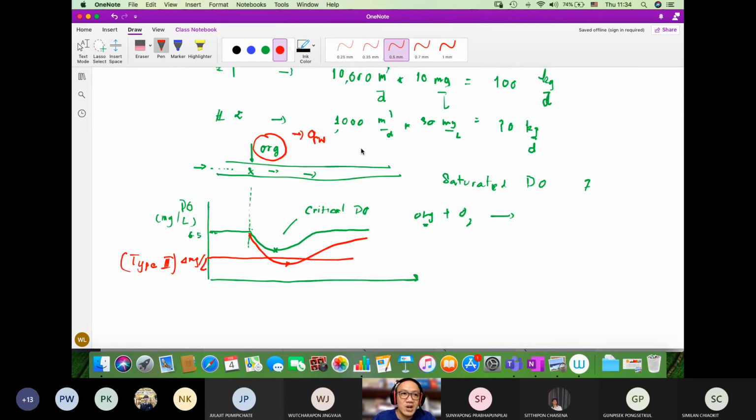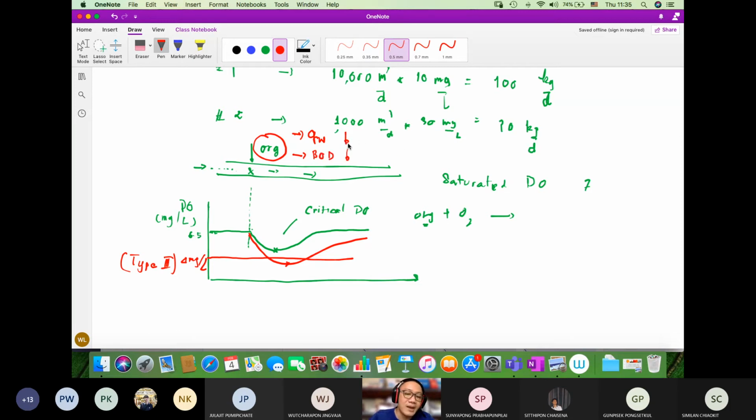If they discharge more, it will affect the quality of water, so they have to reduce the water discharged into this stream. The second way is to increase the treatment efficiency so that the BOD will be lower.